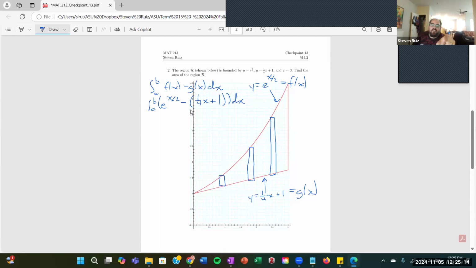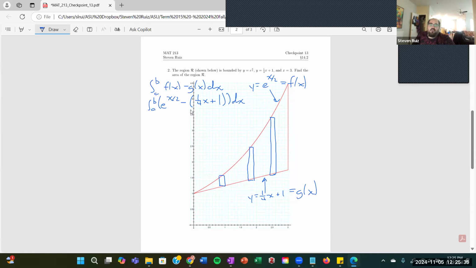We should distribute that negative sign to that plus 1. That's a very common thing to keep an eye out for when you're finding the area between curves, or really any time you're subtracting one whole function from another. Make sure every term in that function gets subtracted.